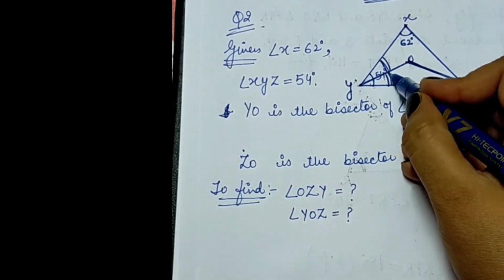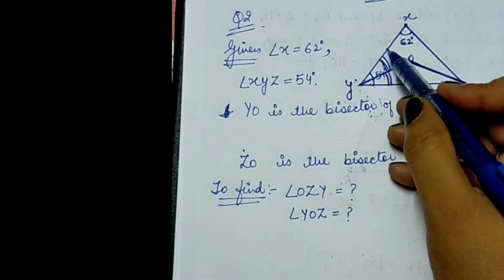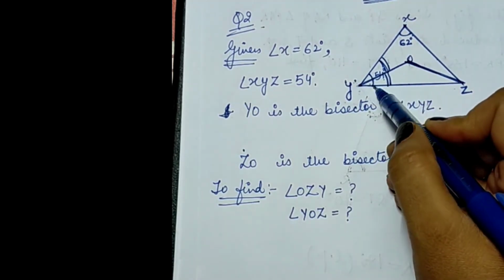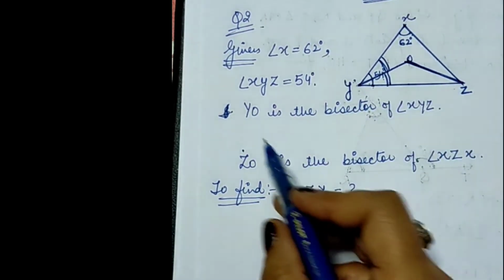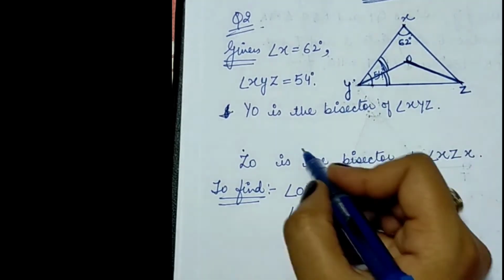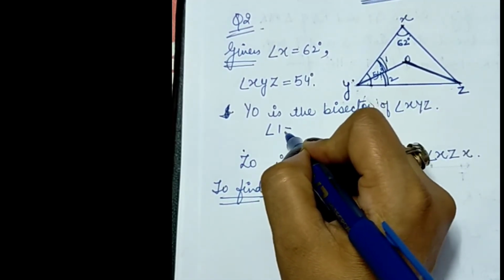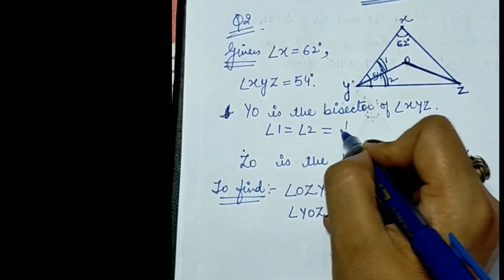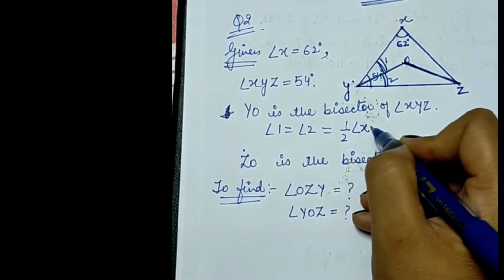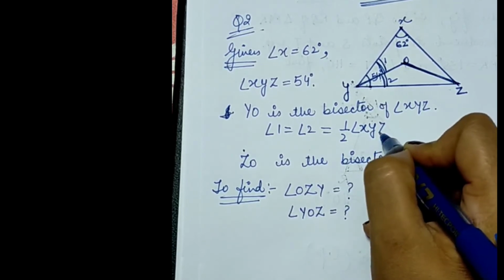It means two equal angles and both will be equal to half of Y. So YO is the bisector of XYZ. That means we can write angle 1 equals angle 2. Both are equal and both are half of angle XYZ.